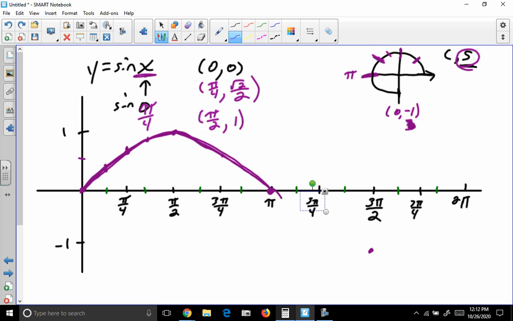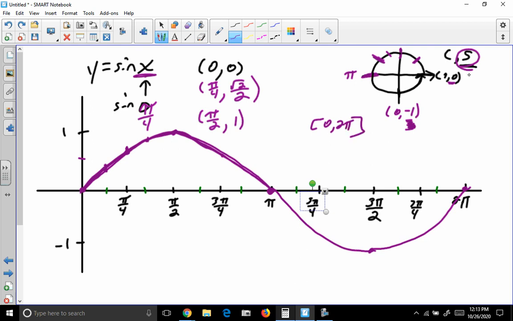We could plot the rest of those points, but we're going to get that same type of curve. And then when we go through the last quadrant, when we get back to 2 pi, our y value is back to 0. So that's our sine wave through one period. Going from 0 to 2 pi, that's what the sine wave looks like.